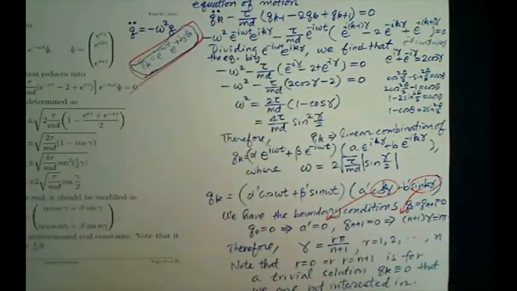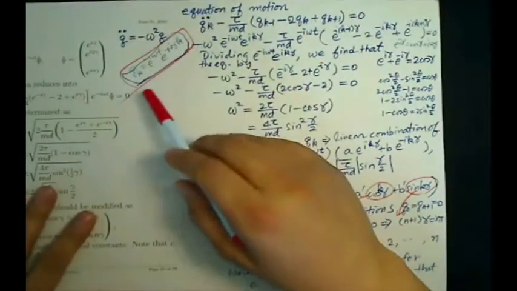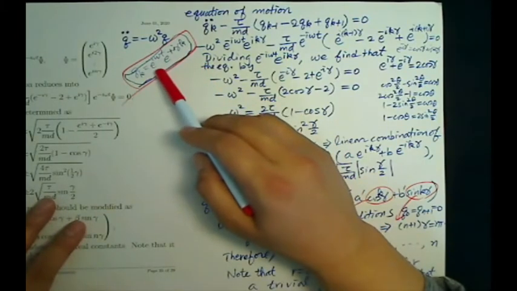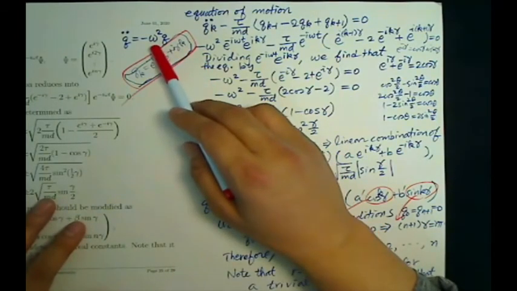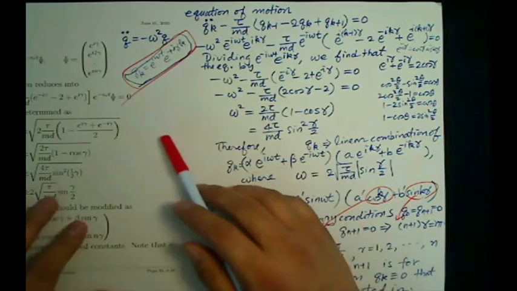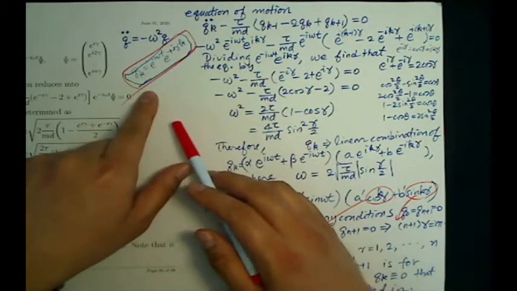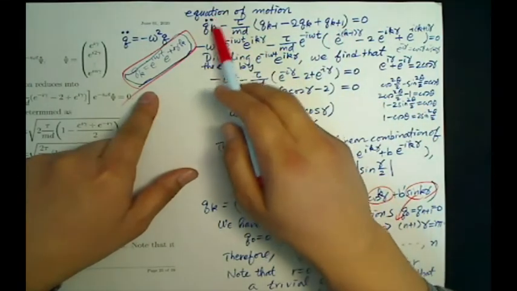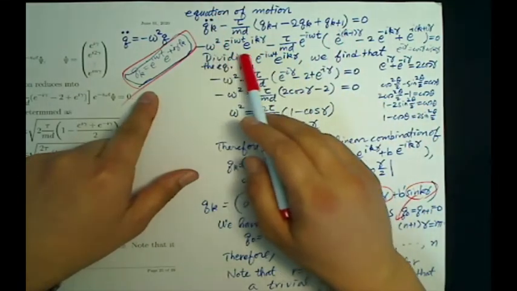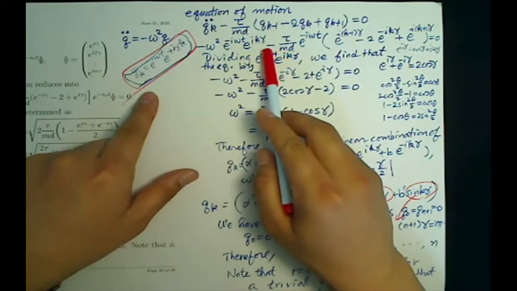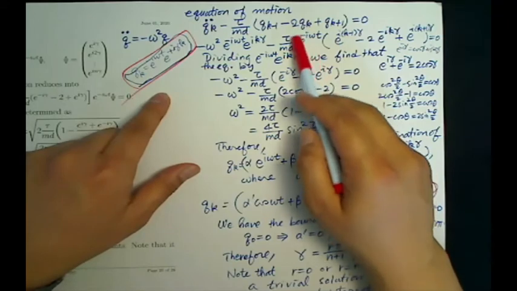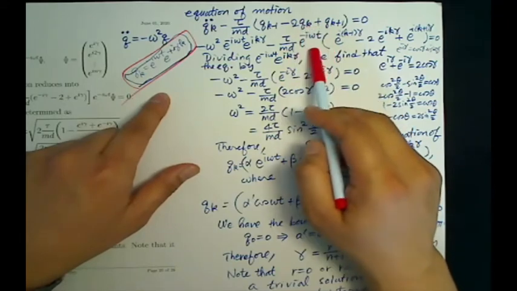If I take the double time derivative of this trial solution, we always find minus omega squared. Substituting this trial solution into the equation of motion, what I find is minus omega squared for the double time derivative and these exponential factors. The remaining three pieces have the same time dependence, so it is not altered.